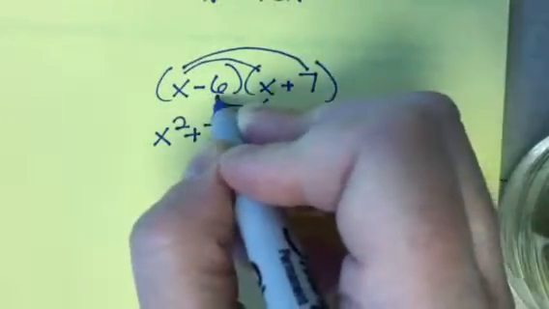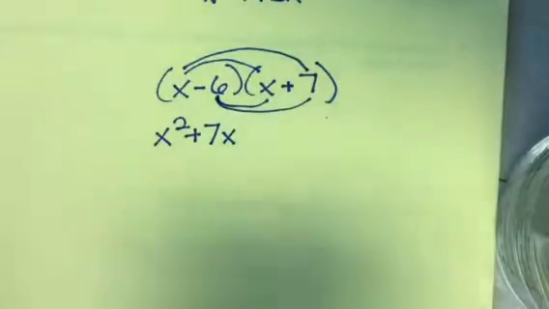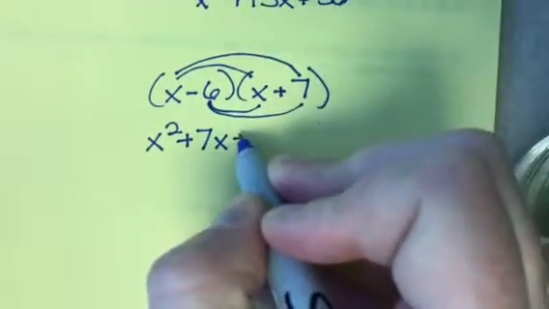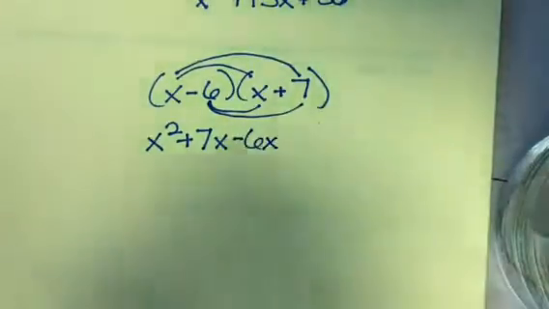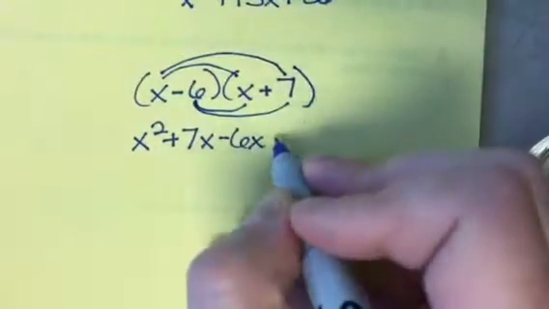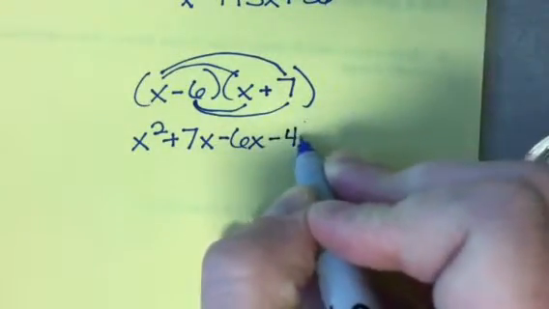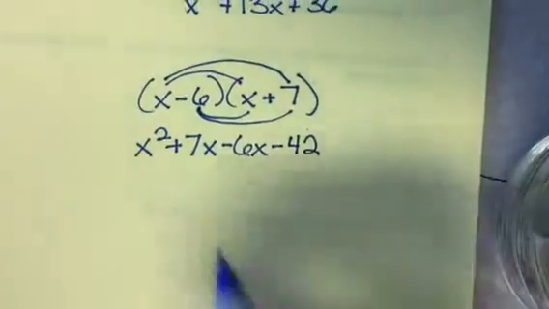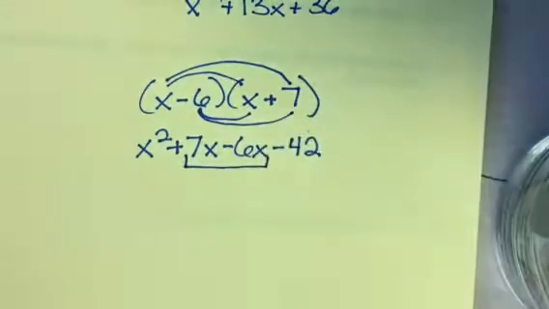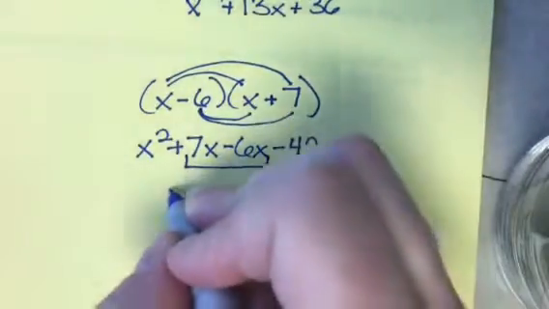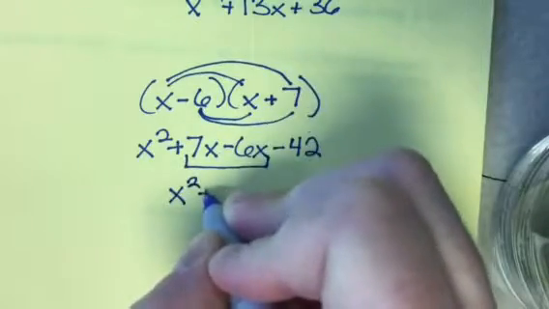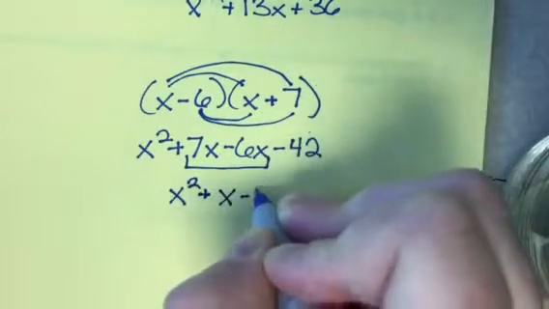Then I have to give that negative 6, again think of it as a negative, to the x, so minus 6x or plus negative 6x, and negative 6 times 7 is negative 42. Then I can combine, I have some that are just x's, 7x minus 6x is 1x, so x squared plus 1x or just x, minus 42.